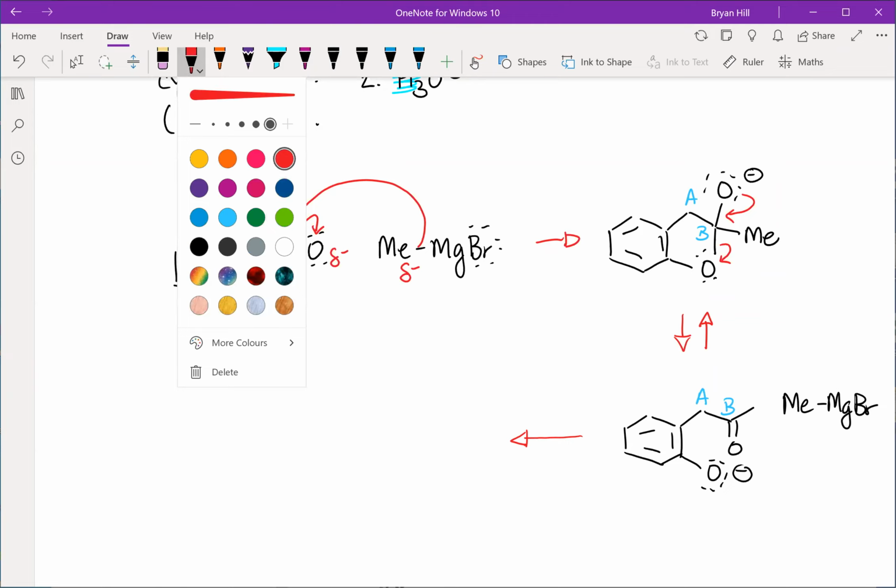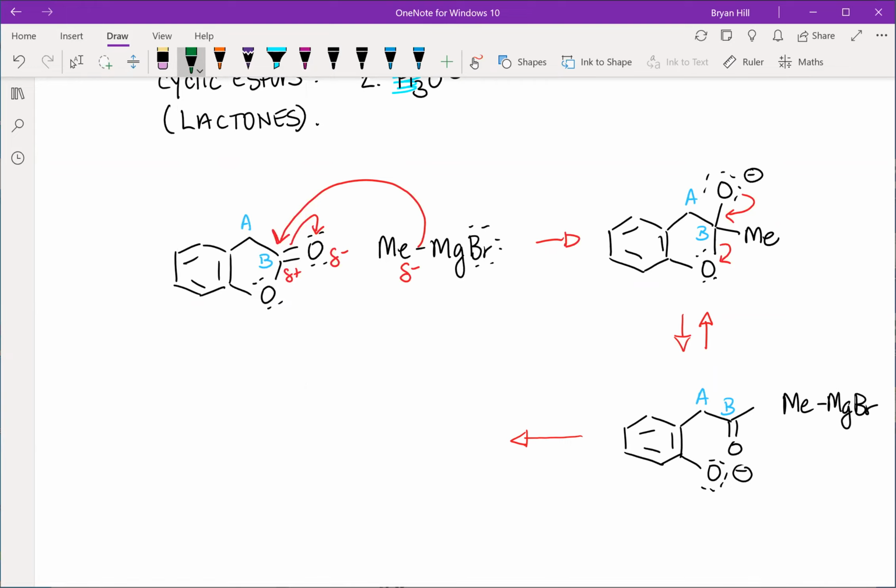Okay, so we'll draw this in green. These electrons come here. Remember, carbon's the delta minus, carbonyl's the delta plus, delta minus.